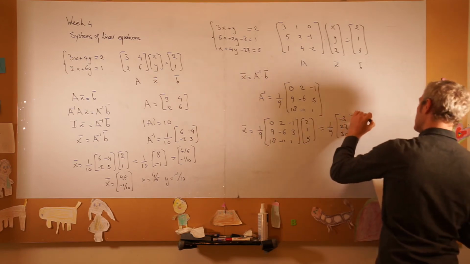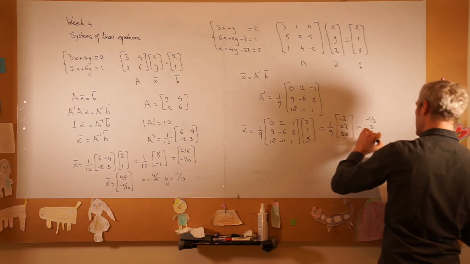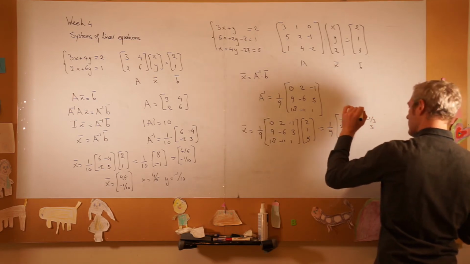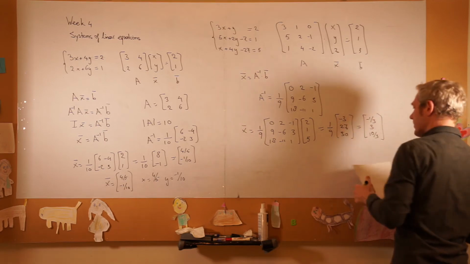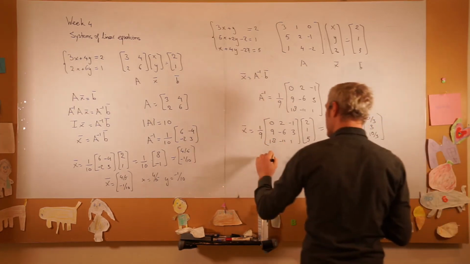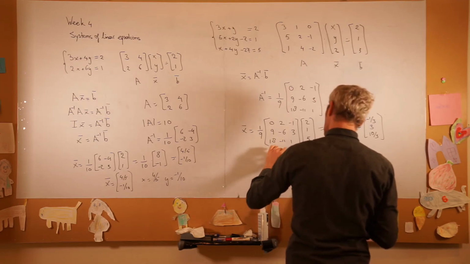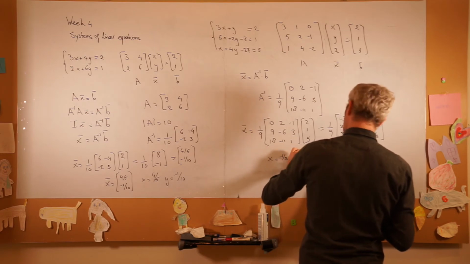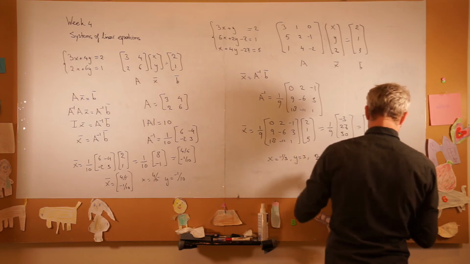And I can write this as [-1/3; 3; 10/3]. Now, this is my solution x. If I want to rewrite that in coordinates x, y, and z, we find x is minus 1 over 3, y is equal to 3, and z is equal to 10 over 3.